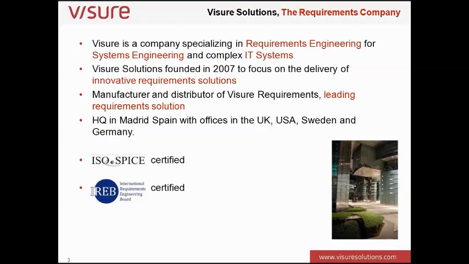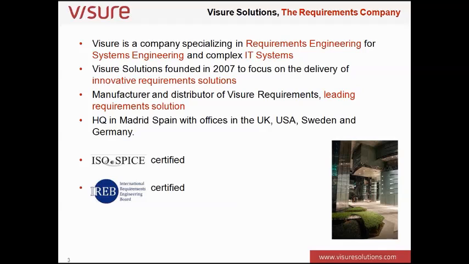So who is Visual? Visual is a company specializing in requirements engineering for system engineering and complex IT systems. We're also finding increased interest in the arena of project management, so we are expanding the scope a little bit.